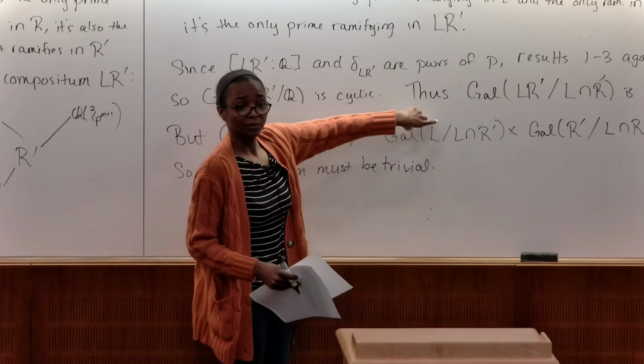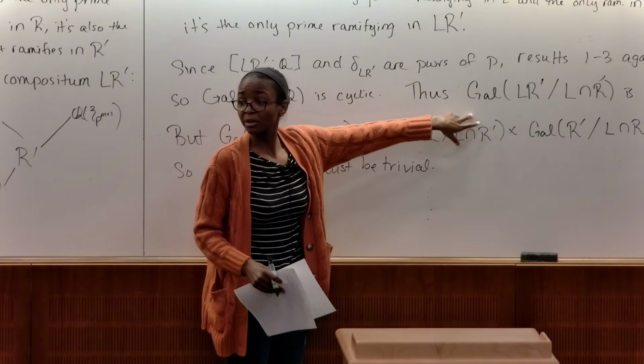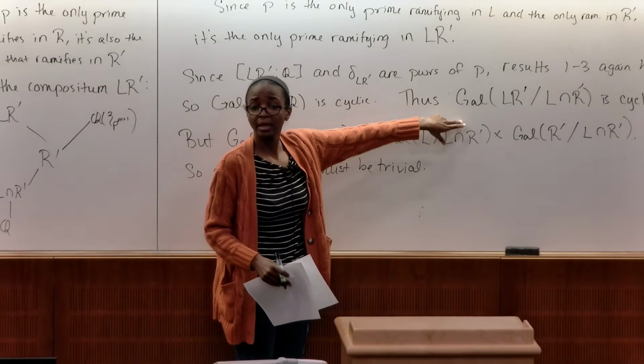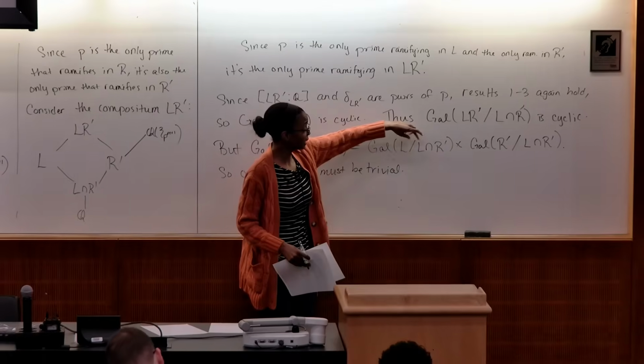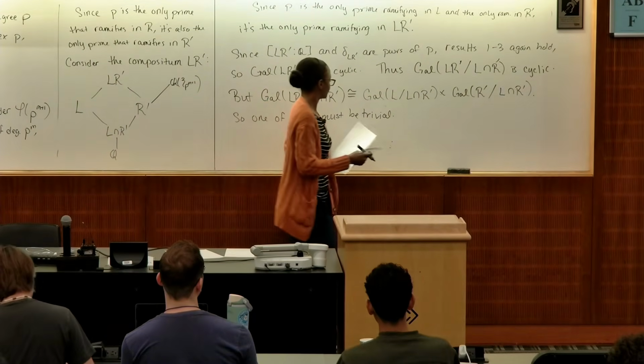If this one is trivial, this means that L over the intersection is not an extension at all. It's a trivial extension. But then that means that L had to have been contained in this intersection, which means that L was contained in R prime.